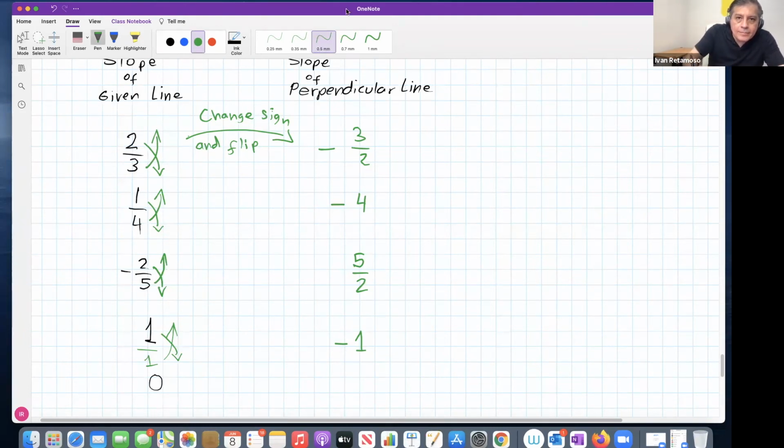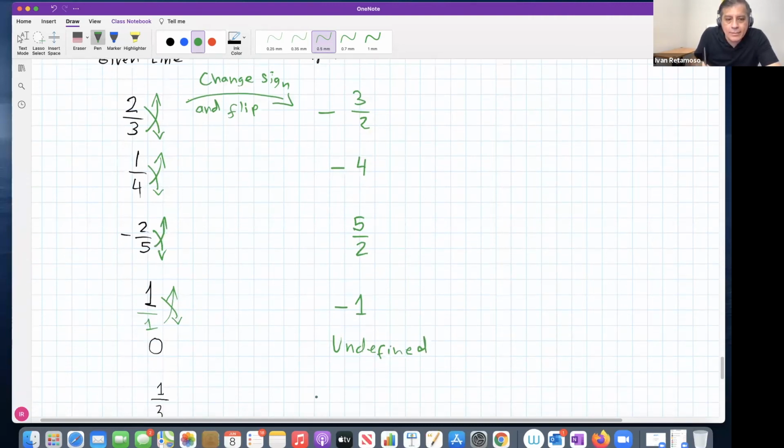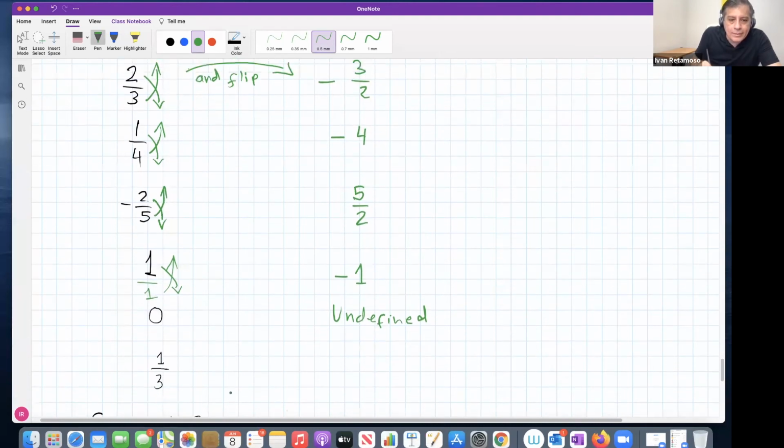I see someone is writing on the chat. Undefined. Jing, you got it. Undefined. Remember, for vertical lines, you cannot go against the mountain. This is an undefined slope. So you are here, undefined. And vice versa: if they give you something undefined, you will have to say that this is 0. Great. There's a last slope here.